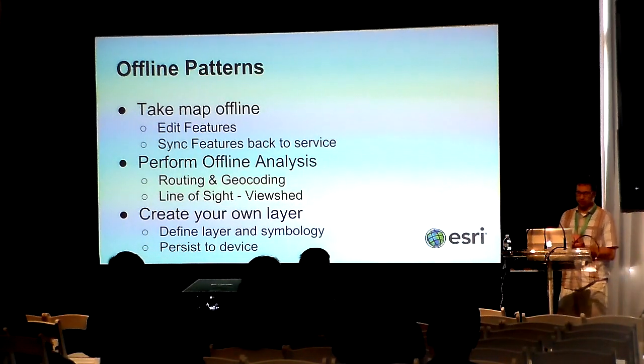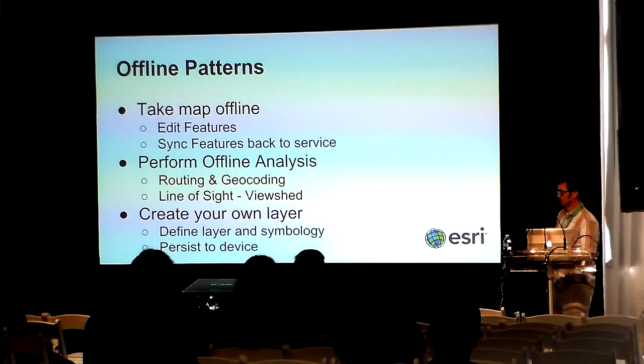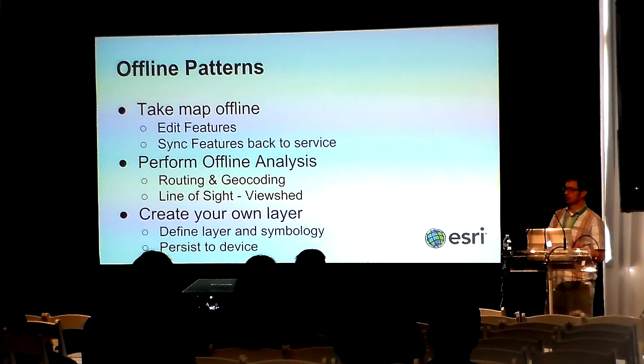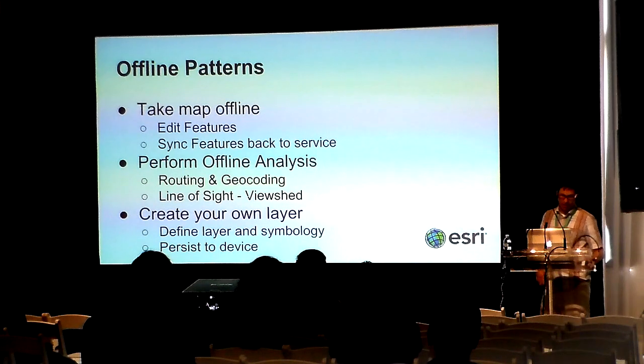We allow developers, or an API, to take some features from a service-based feature class or database, take those locally, go ahead and edit them, create new ones, your typical CRUD workflow. Do all that work locally, save that work locally, and then synchronize back up to a service so that anyone else connecting or using that same map service on another Android device will see your edits and will see your saves.